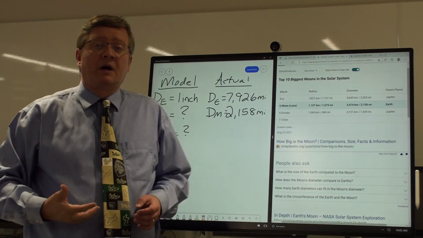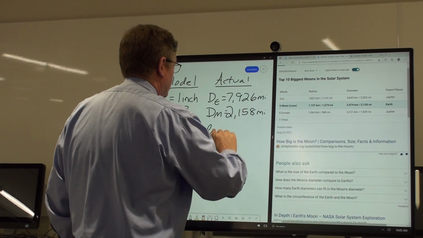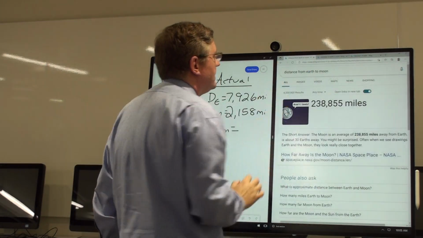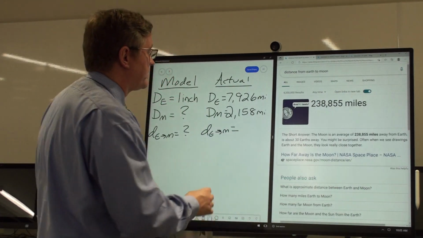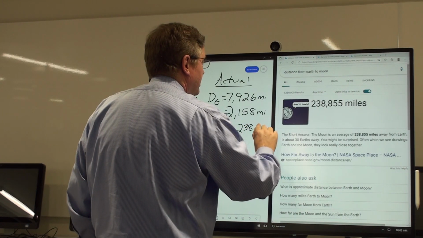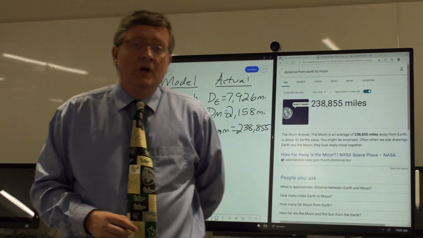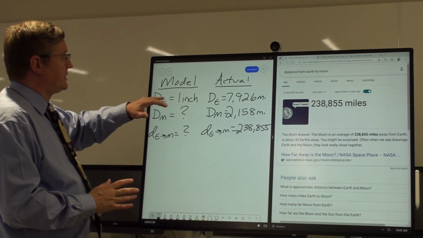And then finally, I want to actually measure what is the distance from the Earth to the moon. And so when I go from the distance from the Earth to the moon, I find it's 238,855 miles.